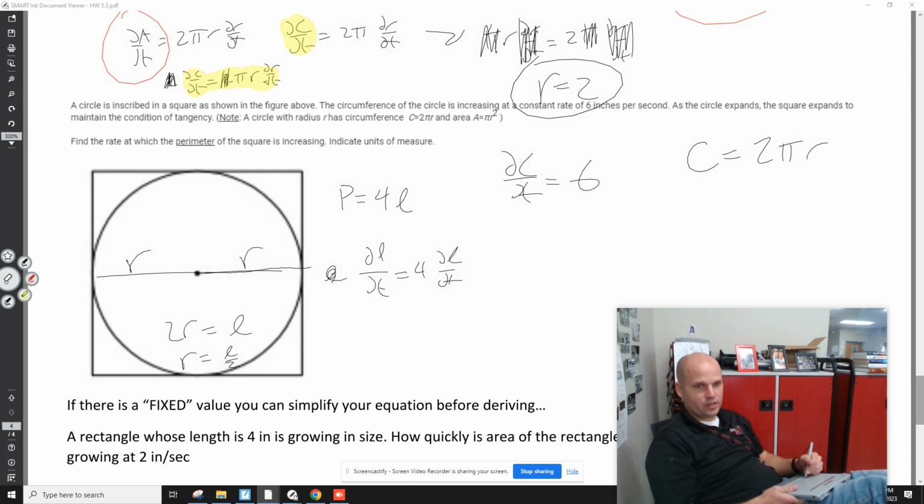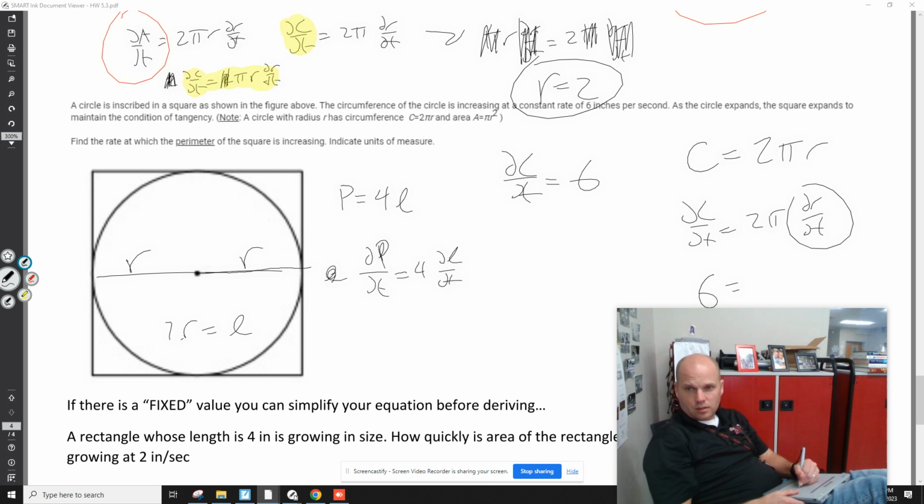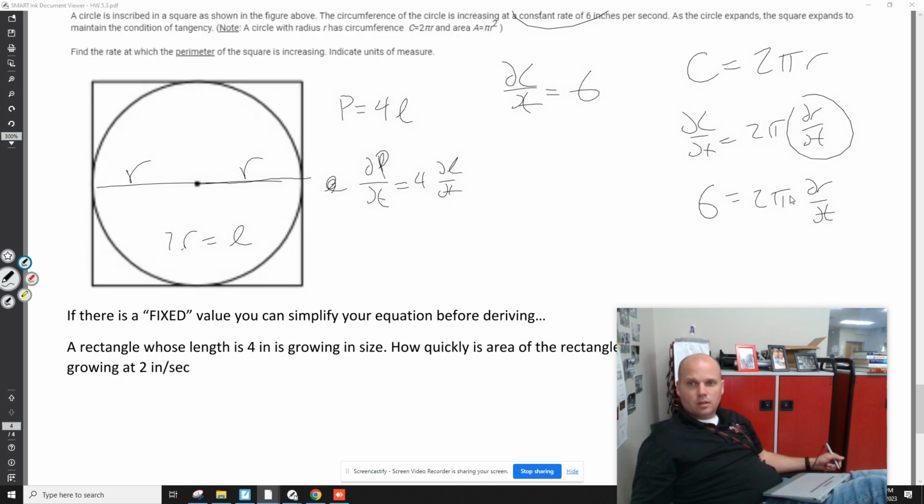It's actually this. 2r equals L. Like you get dC/dt equals 2 pi dr/dt. Okay, what's dr/dt? Because then if you know dC/dt is 6, what is dr/dt? Because if you have dr/dt, you'll find dL/dt. And if you have dL/dt, you'll find dP/dt. This is a good question. dr/dt is 6 over 2 pi, or 3 over pi.